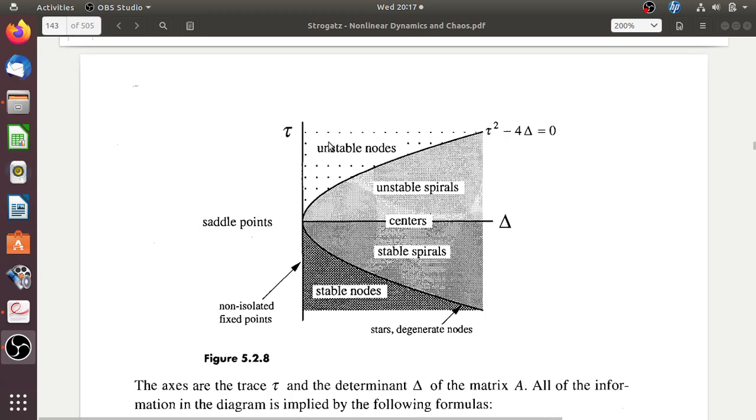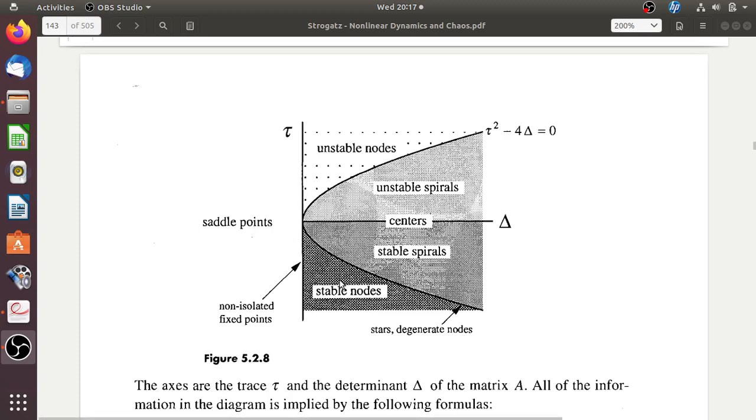In this region, if my delta is positive as well as my tau is positive, then both lambda 1 and lambda 2 are positive. So if both are positive, I have unstable nodes, and if both are negative, then I will have stable nodes.